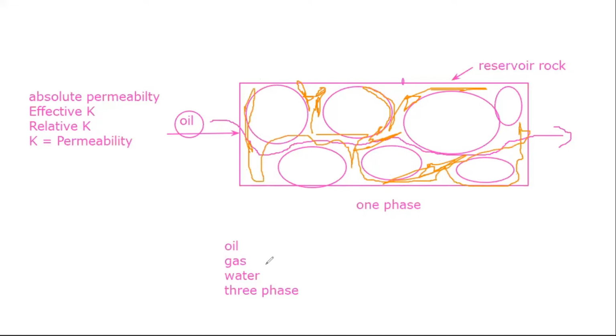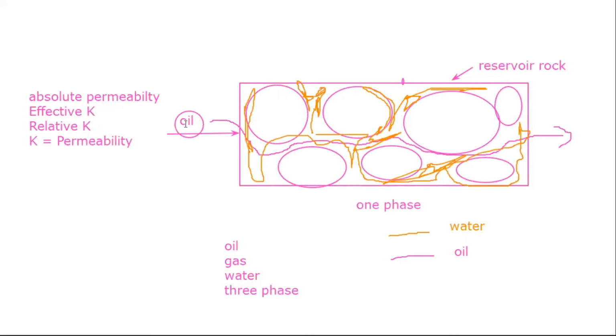This line represents the water, and this phase represents the oil. So we have the reservoir rock again, but this time it has two phases. It already has a lot of water inside the pores, and we are injecting oil from one side and it is coming out on the other side.